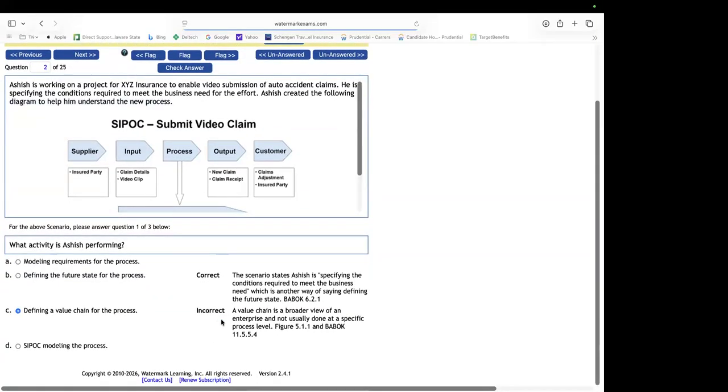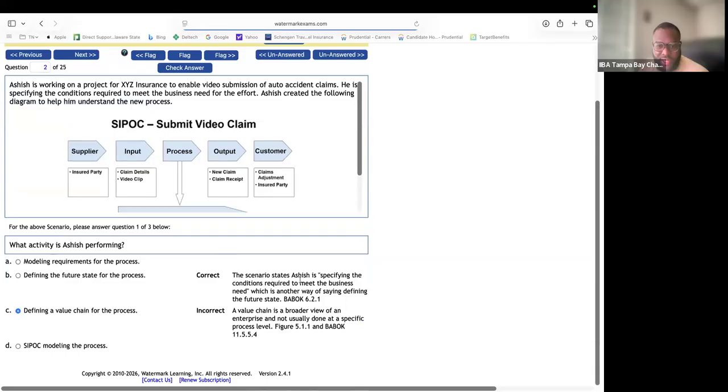And it's actually B. The scenario actually states specifying the condition required to meet the business need, which is another way of saying defining the future state. And the reference for that is 6.2.1. A value chain is a broader view of an enterprise and not usually done at a specific process level.